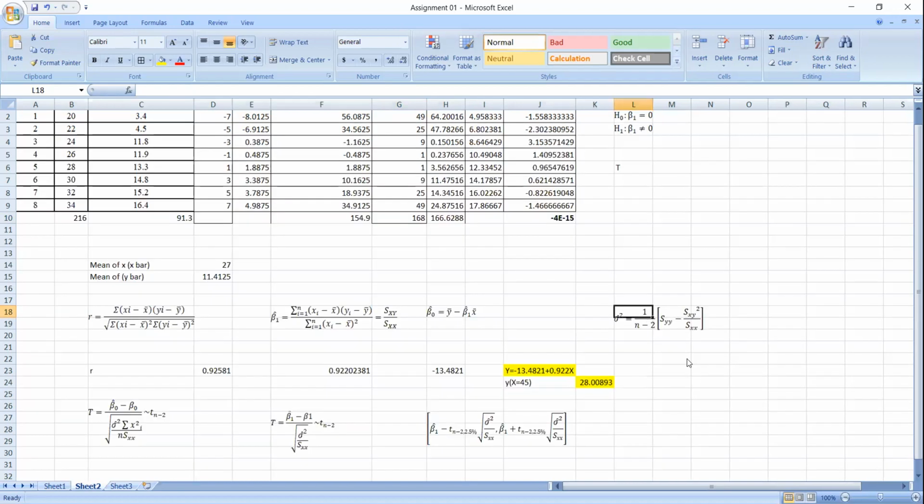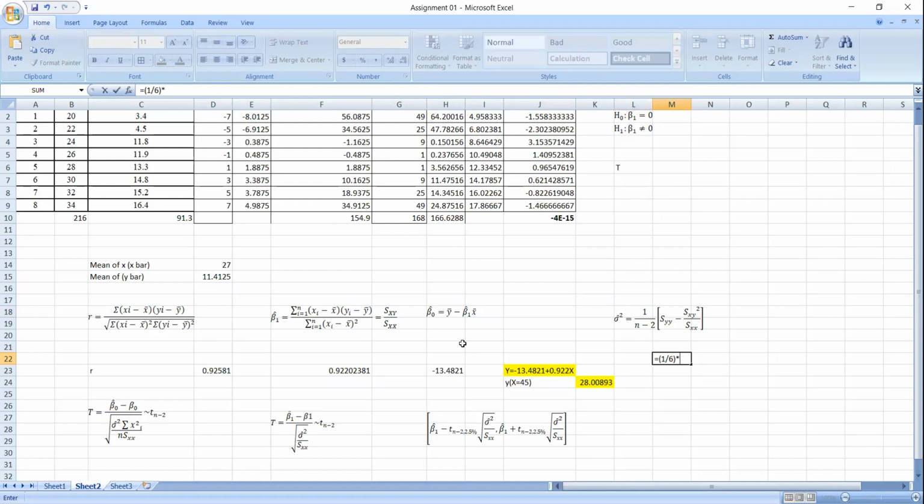So this is the equation that we can use to calculate the sigma square hat. Let's calculate the sigma square hat. First you have 1 over n minus 2. Since we have 8 observations, 1 over n minus 2 would be 1 over 8 minus 2, that is 1 over 6.